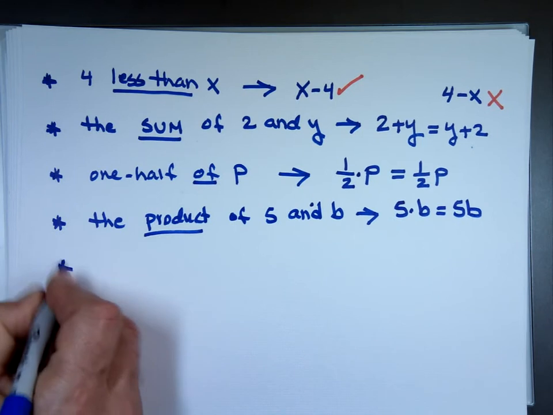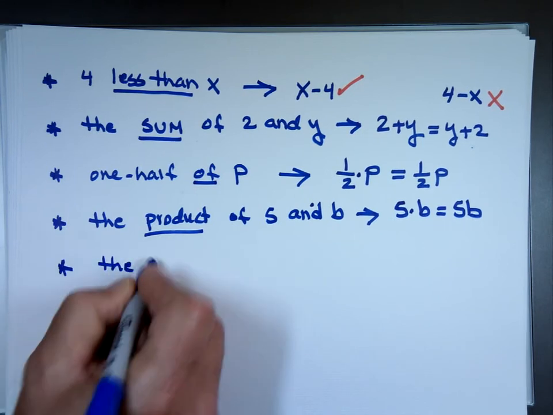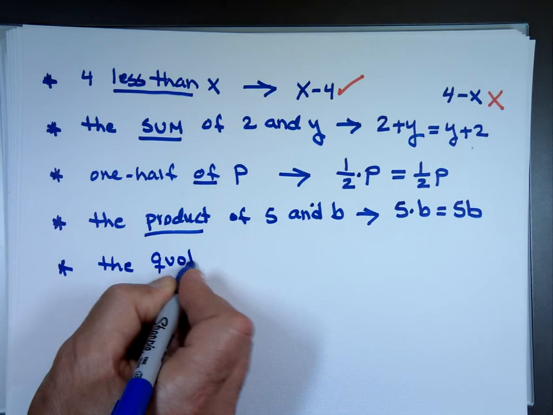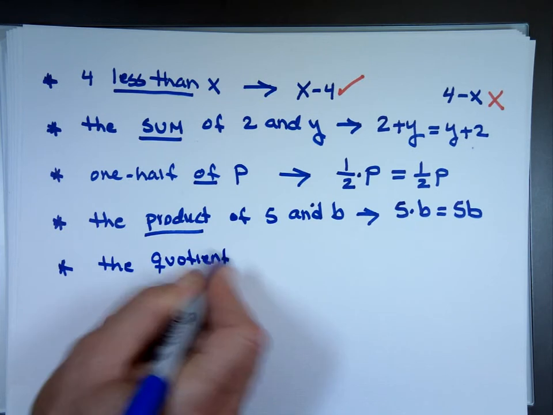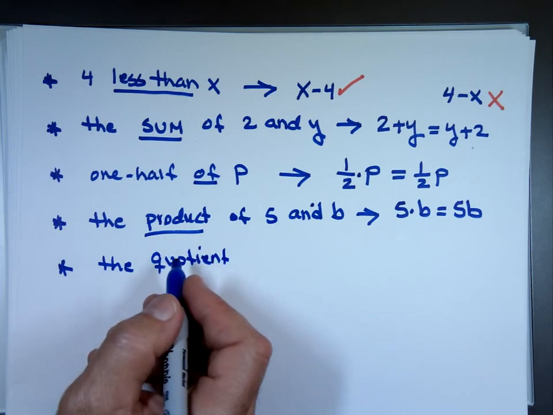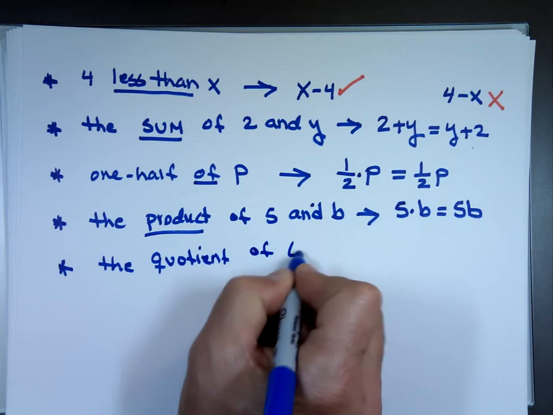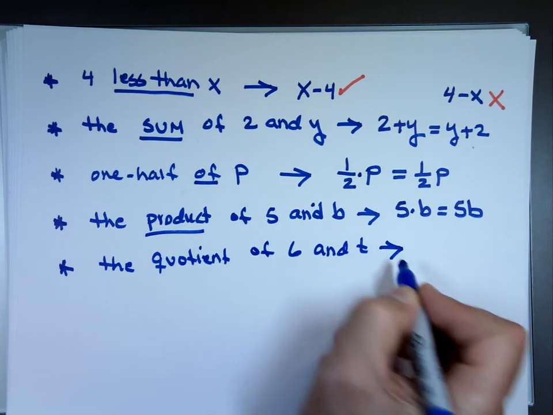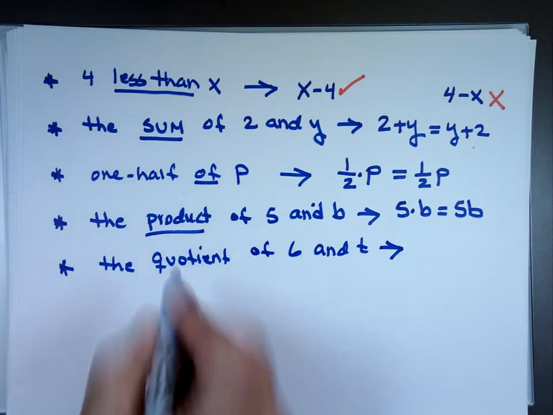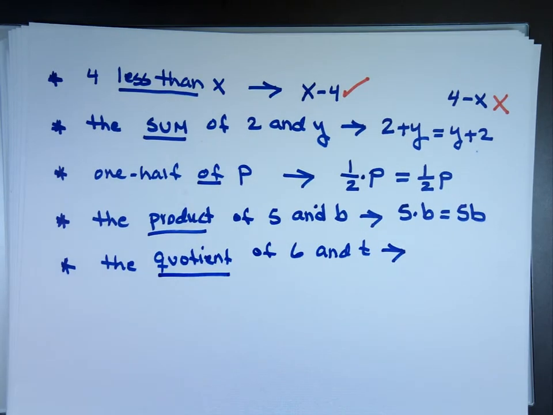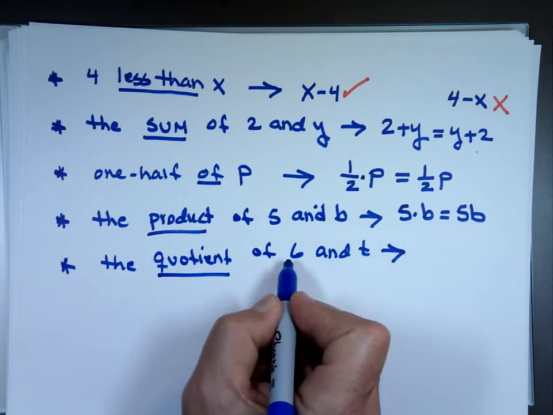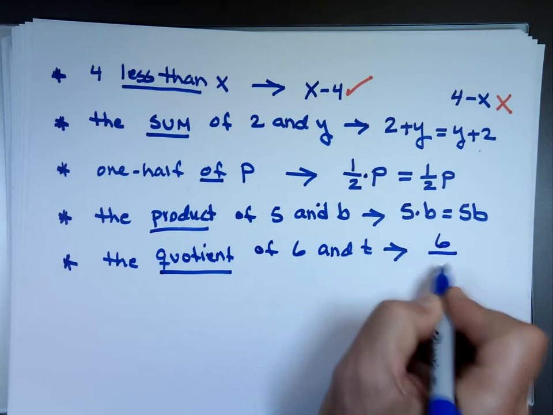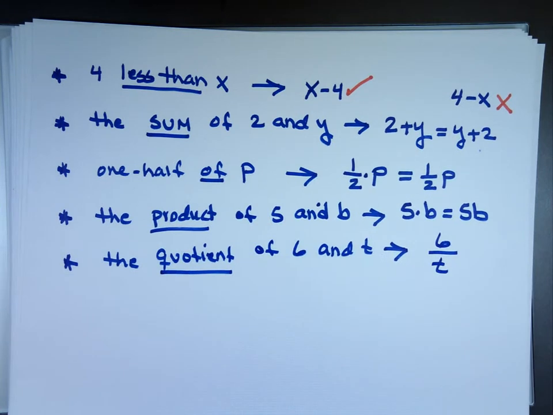The quotient of 6 and t. Quotient. Correct, that's division. The first one you see is the top, the second one is the bottom. 6 over t.